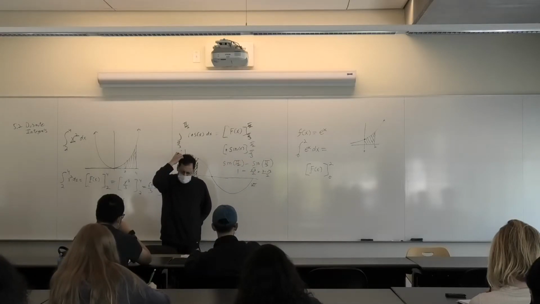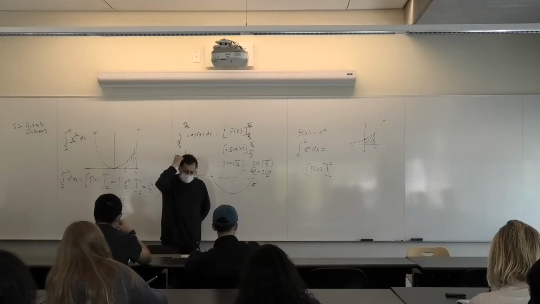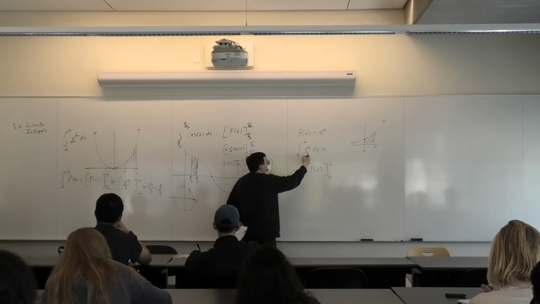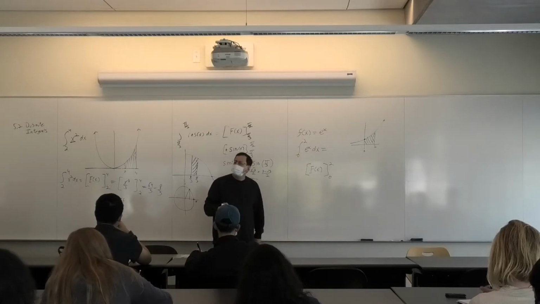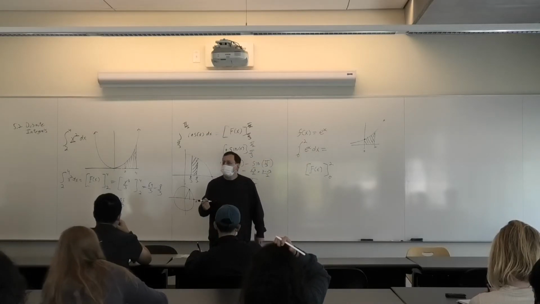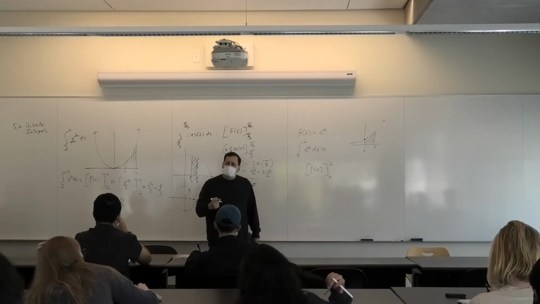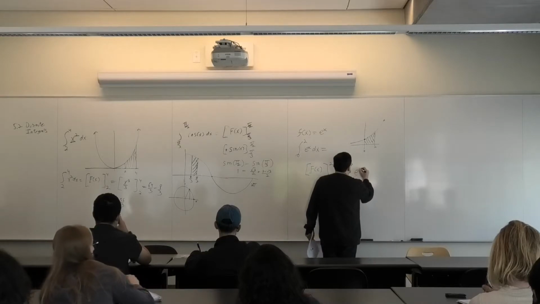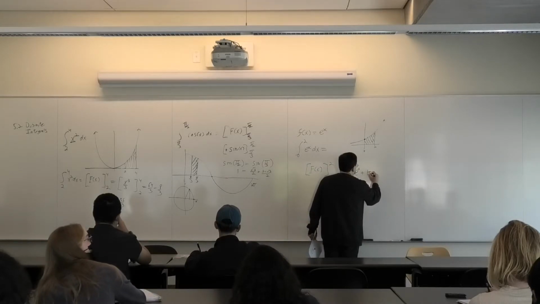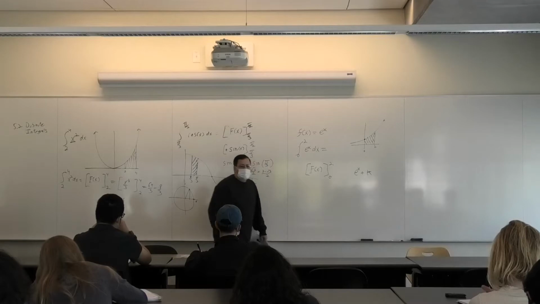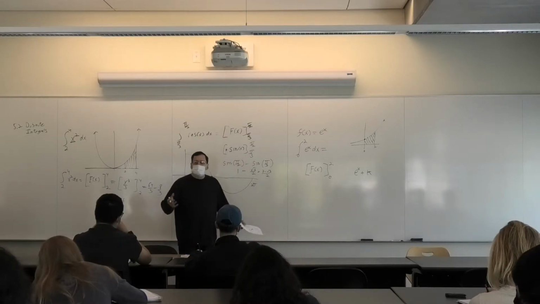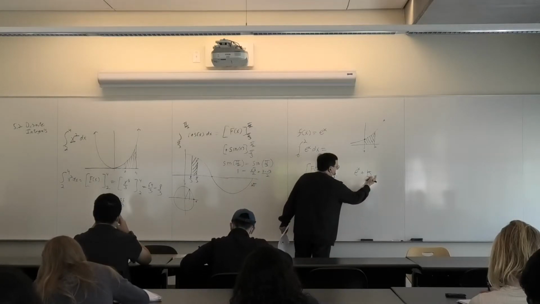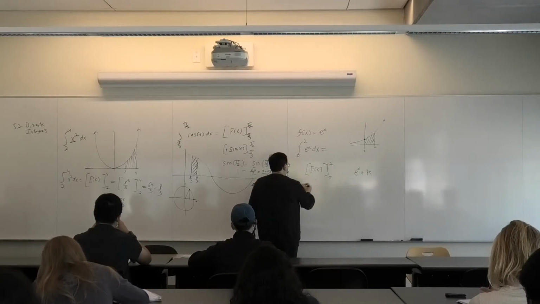I guess it's worth throwing out, on this example, that when I asked for the antiderivative of e to the x, someone want to tell me what that is? e to the x? Well, is it though? Not really. Constant? Yeah, there's a constant in there. Use k. And we've been ignoring it, and that's okay. And here's why. I can pick any k I want. I'm just going to leave it k.